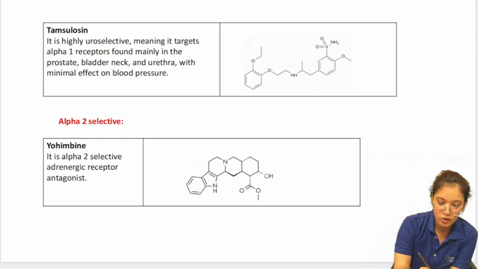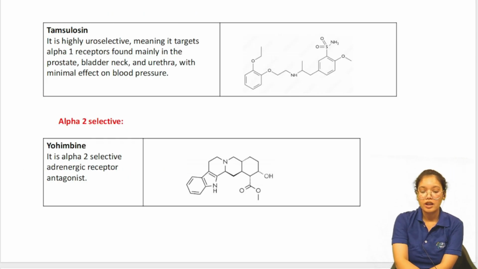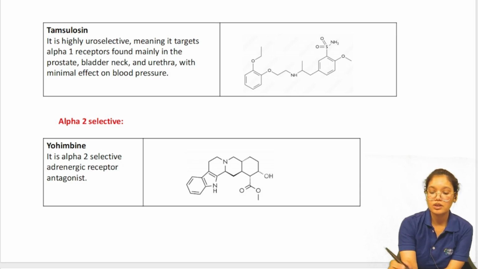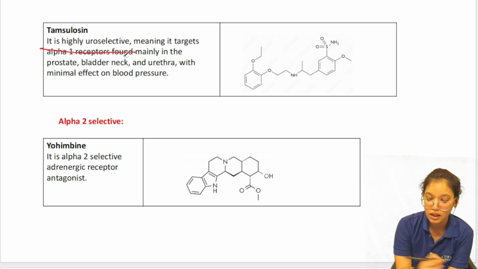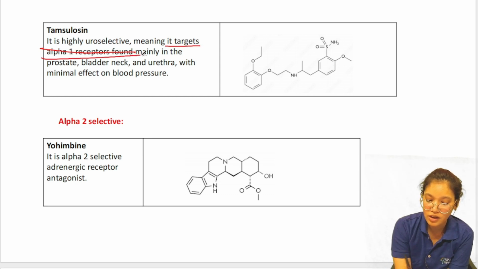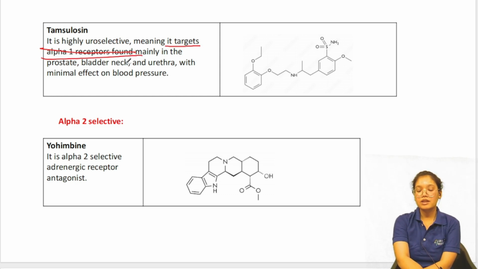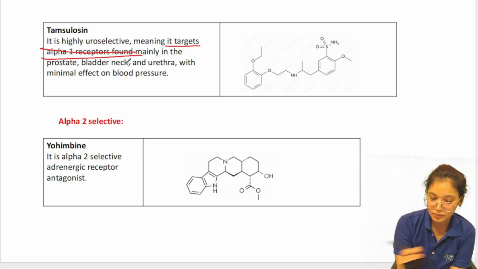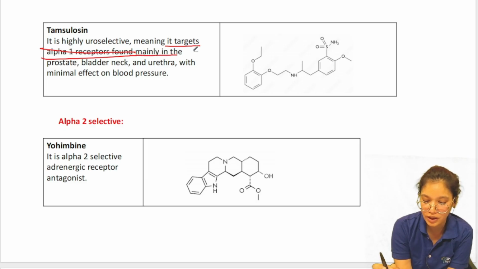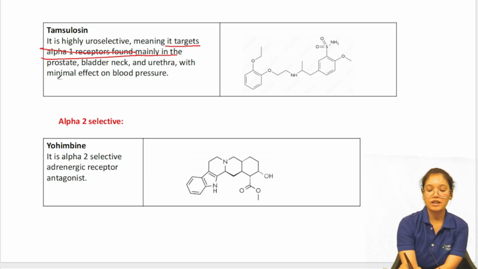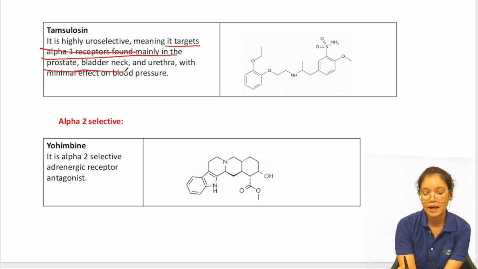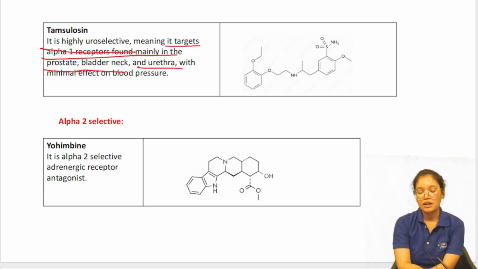Now moving forward, we have tamsulosin. Tamsulosin is also highly uroselective. Like alfuzosin, it also targets the alpha-1 receptor, as it is an alpha-1 selective anti-adrenergic drug. It mainly acts at the prostate, the bladder neck, and the urethra, and it has a minimal effect on the blood pressure.